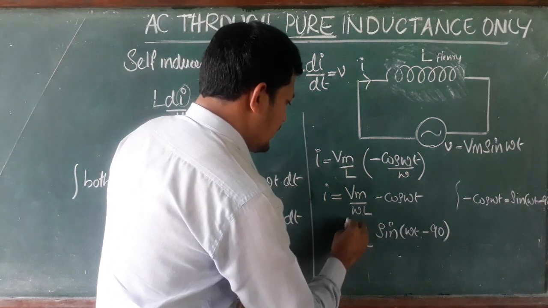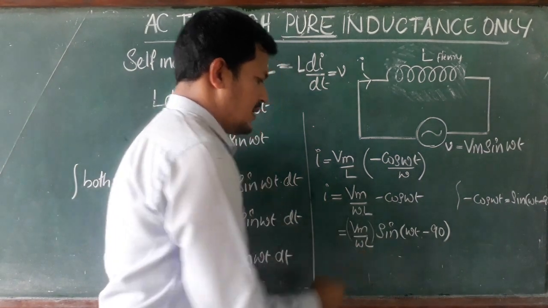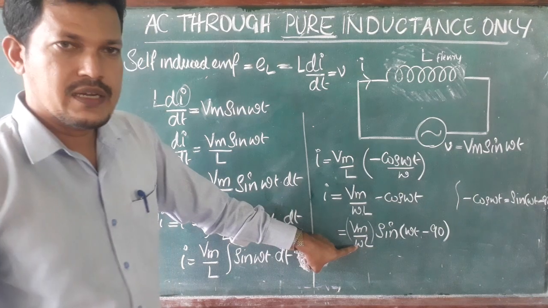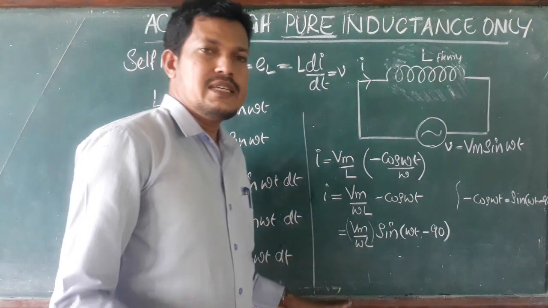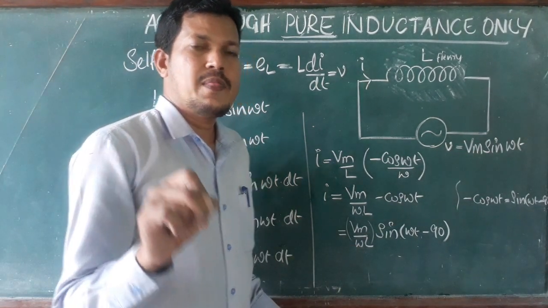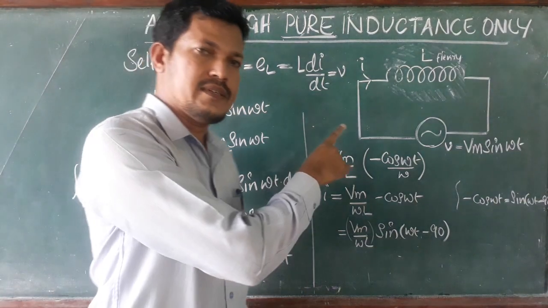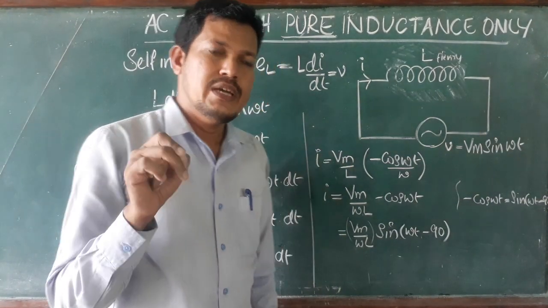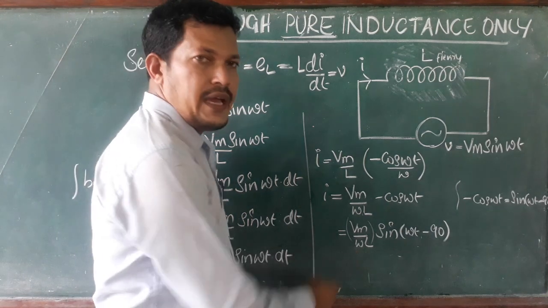Clear? So here again Vm by omega L. Omega L we discussed earlier: this is the opposition offered to the flow of current by an inductor. It is called inductive reactance, denoted by XL.